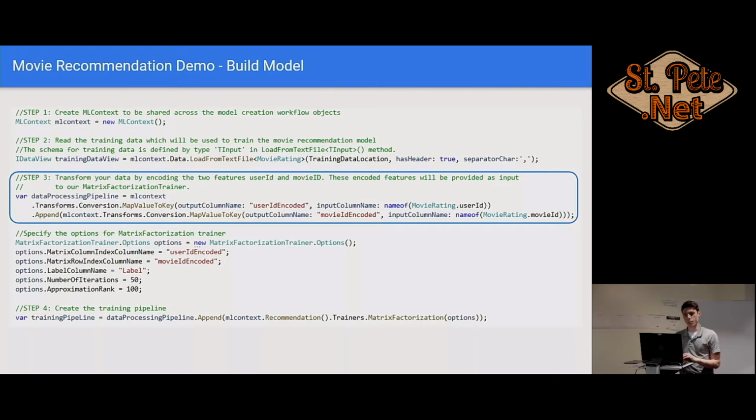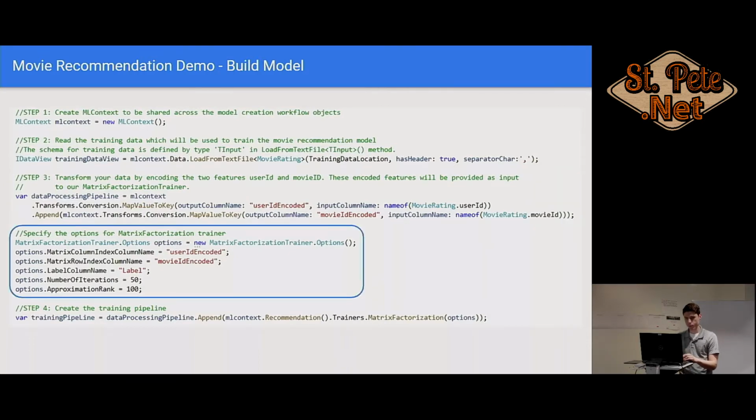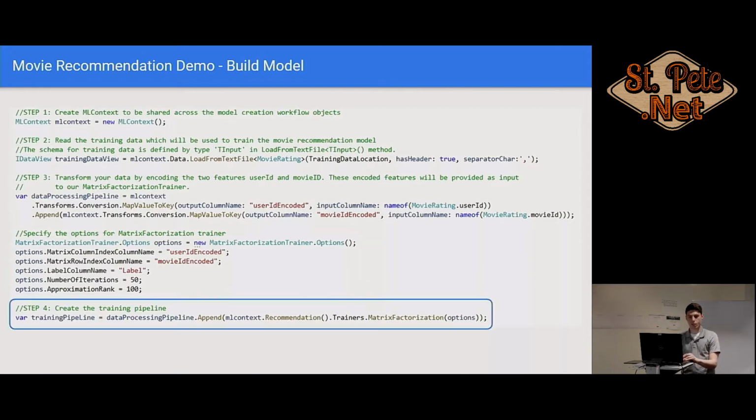And then we use the matrix factorization trainer to transform the data into a format that's readable by that, which needs to encode the columns. Then we also have to specify options for the trainer, such as column names, which are user ID and movie ID.